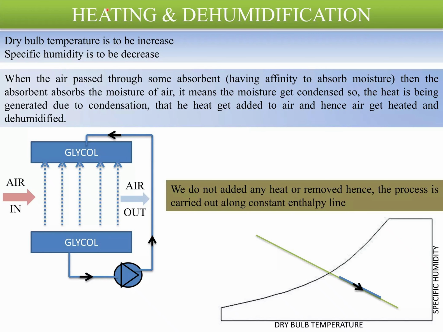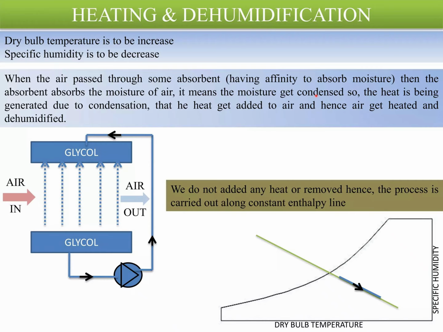Now heating and dehumidification. Okay, so during the dehumidification, actually heating is taking place, as we have already seen in our previous lectures. When air passes through the adsorbent, because in dehumidification an adsorbent is used, the adsorbent absorbs the moisture of the air.